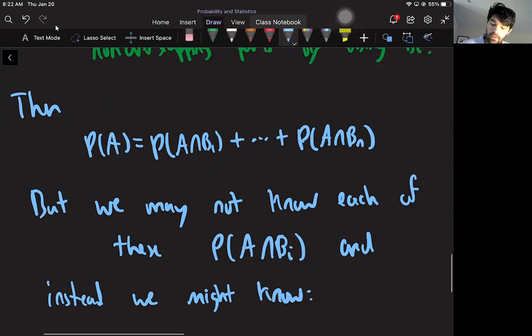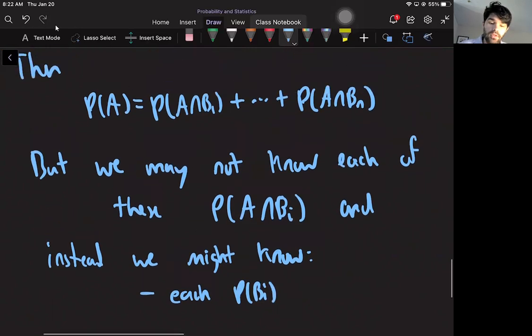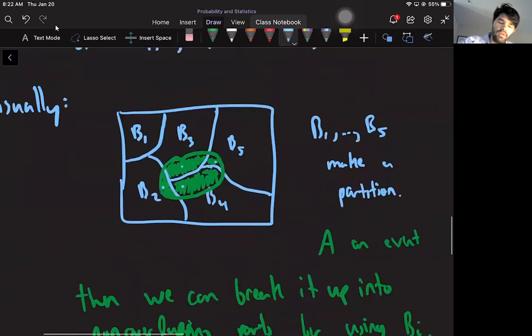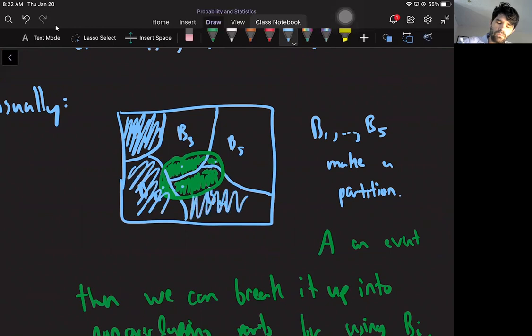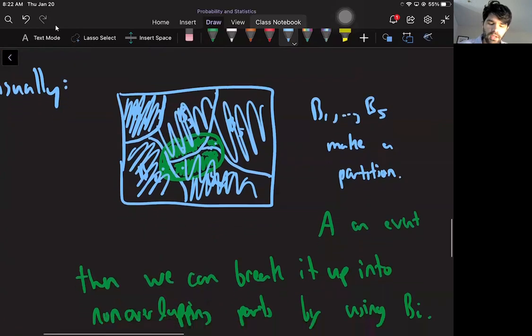So we might know the probability of each part of the partition. So we might know each of these areas, or these probabilities. We might know all of these independently or something. Okay, but that's not enough to tell us about the green area.